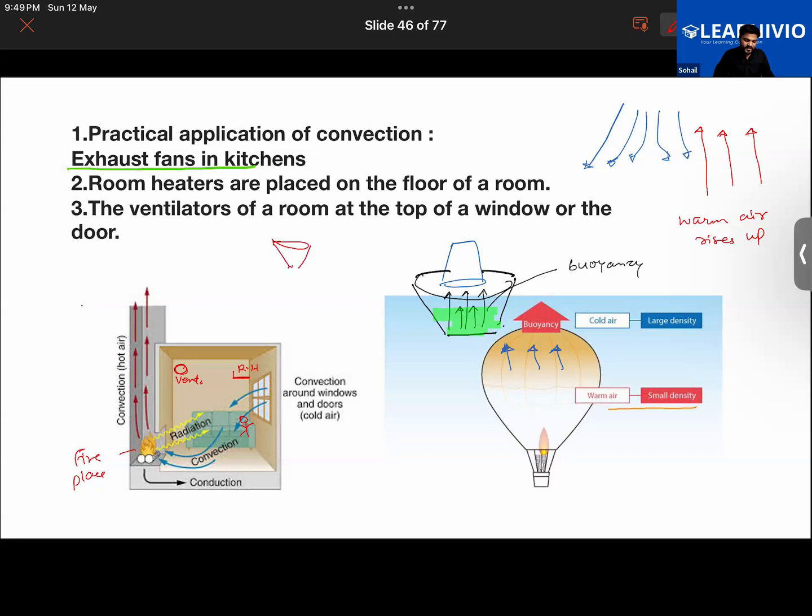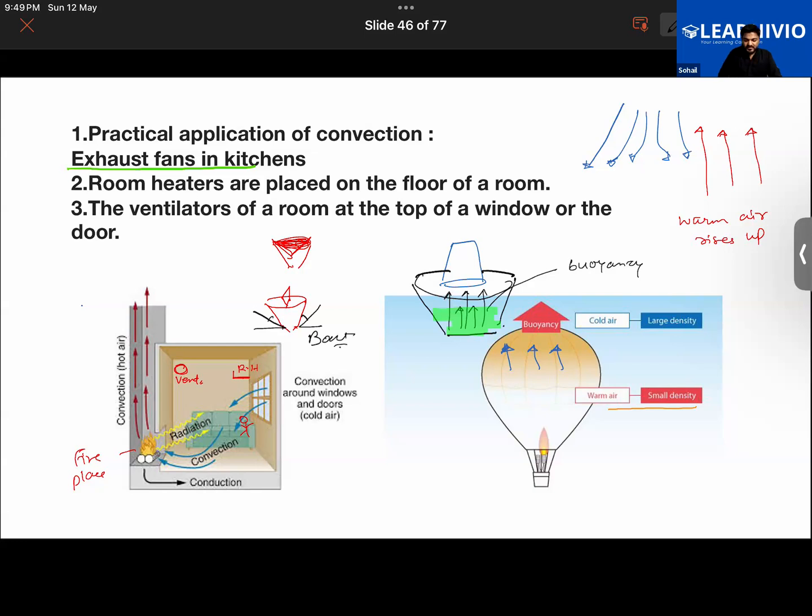Say I'm talking about the front portion of the ship. Up to some angles, it will be able to tolerate the tilt, but if the tilt is way too much, then it will obviously sink. The basic concept here is that there's an upward force acting on this empty glass or on the boats. That's why they are able to float.